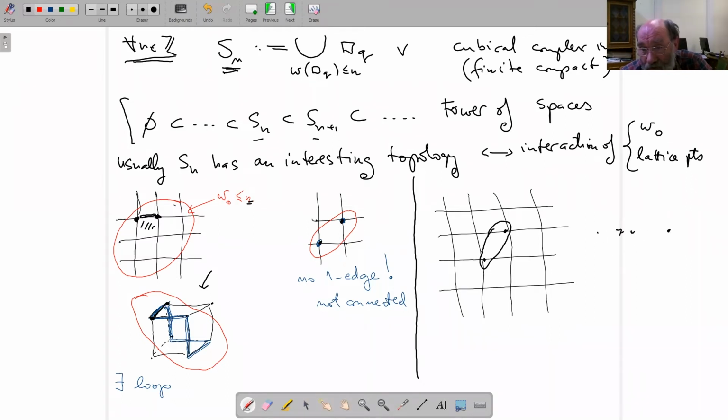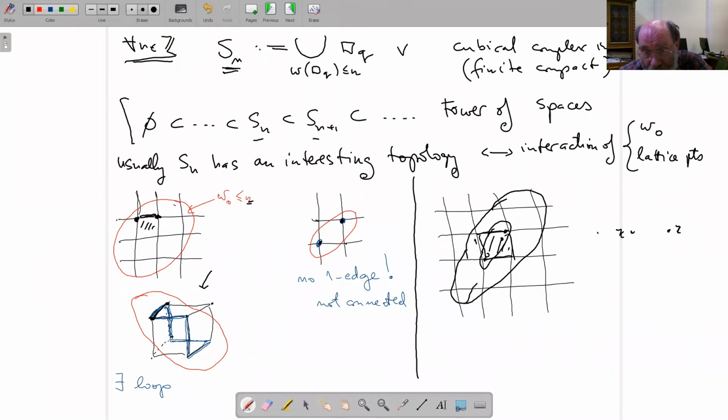Here I will have a Z, say H0, here I have a Z. Then if I increase, say I will have a bigger n, and these are the lattice points with weight less than 1, then this is 0, and this is 1. Now they can be connected. And even, say this is 1, 1, I will have a disconnected component here, but this one again will be, okay, here I made a mistake.